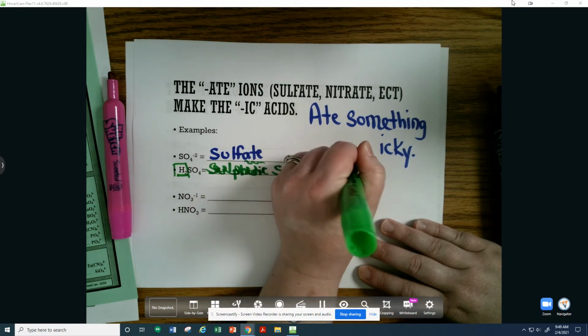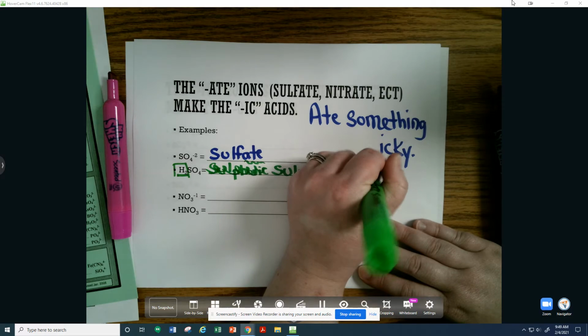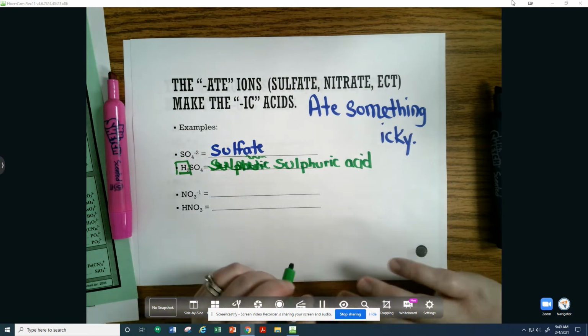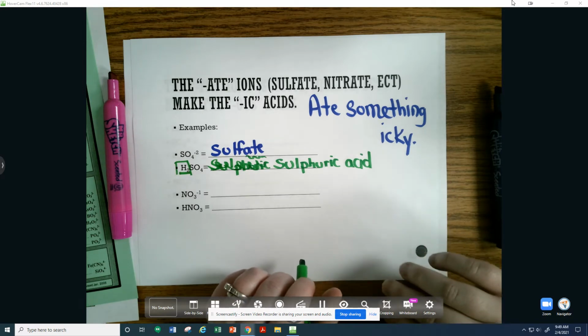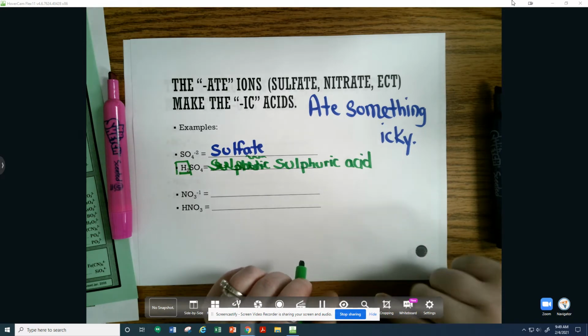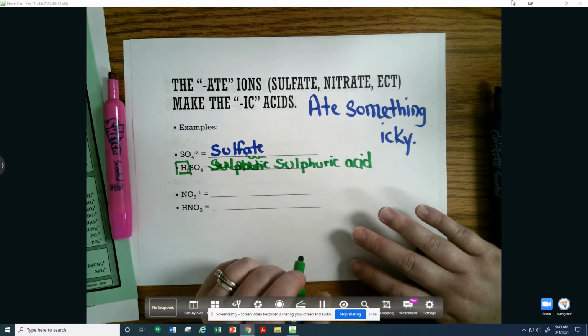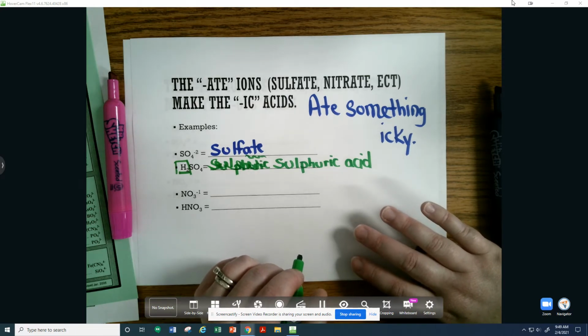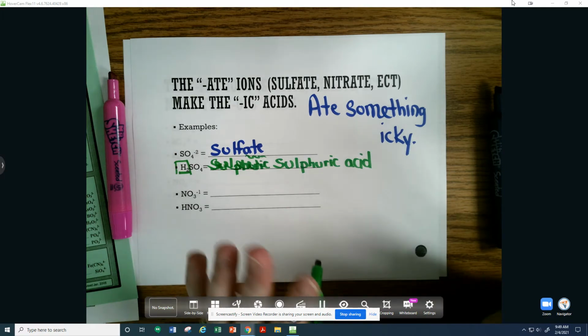Sulfuric acid. So again, it's probably some rule with English that's out of my bounds. That's one where it's an exception to the rules, and I don't have a reason why we have that change. But I have more examples, so have no fear.